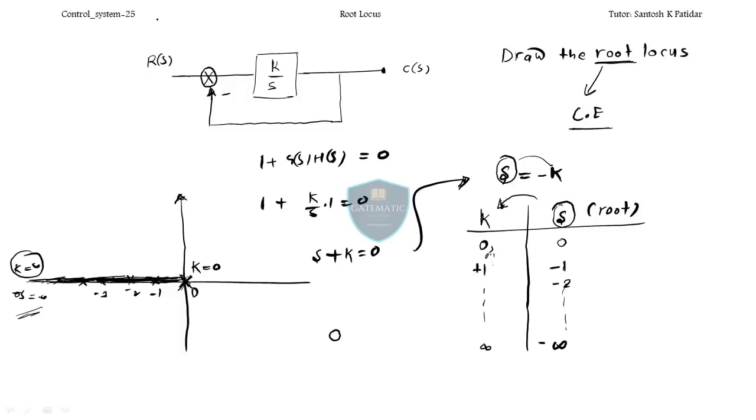My point is, suppose instead of the first order, now you have G(s) for the same system. Whatever we discussed here, now G(s) is k by s square. So if you make the characteristic equation for this, we'll get s square plus k equal to 0. So for this, find out the root value, means the s value.